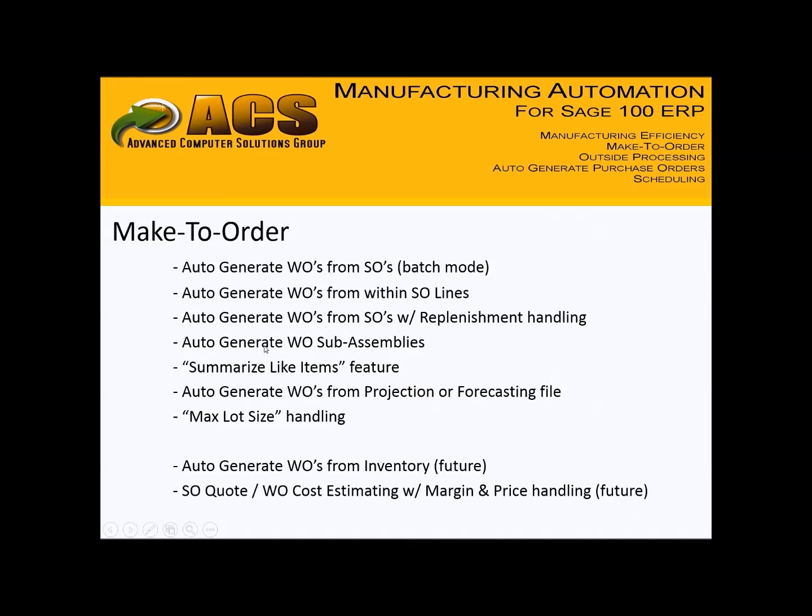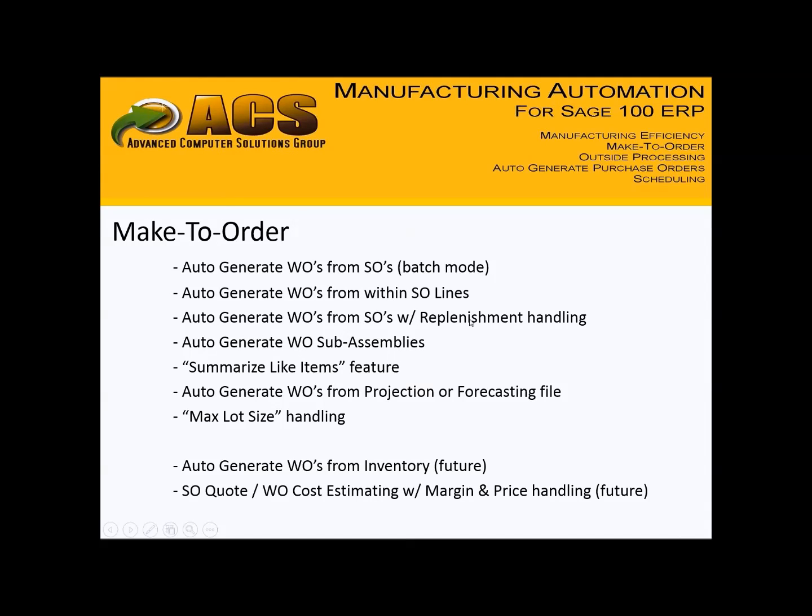We can also auto-generate the sub-assemblies. So when we're auto-generating work orders from sales orders or from within the sales order lines, however we're doing it, we can also create the sub-assemblies for those. And from those, we could even look at the replenishment handling, either for the finished goods or the sub-assemblies.